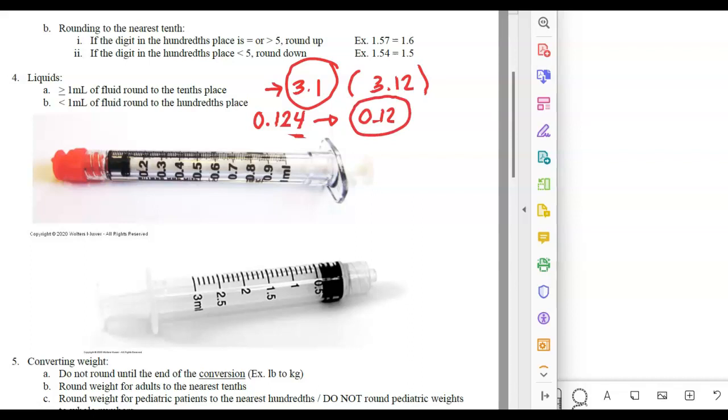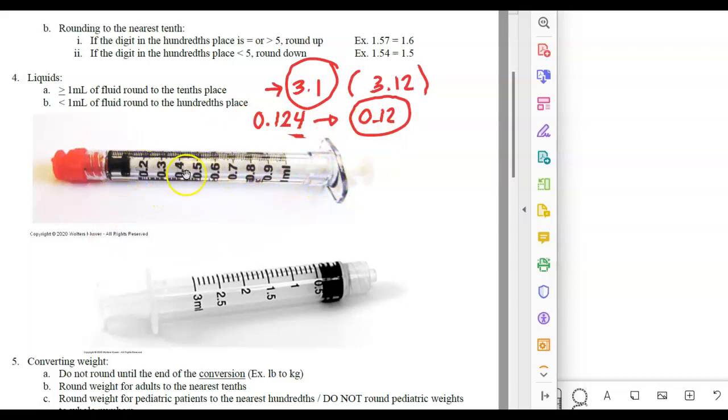The reason for that is because of our methods of measuring things. If you have a 1 ml syringe, and you want something that's less than 1 ml, you would use your 1 ml syringe.